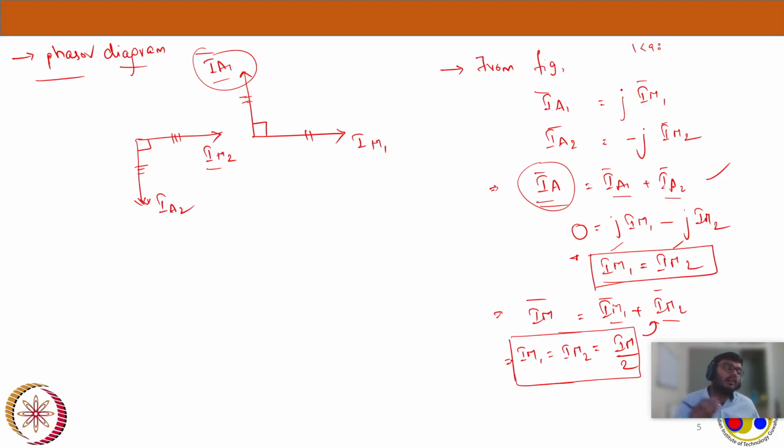So half of the current will flow in the positive sequence, and half in the negative sequence. Now, I will first consider the positive sequence and see what will happen, and then I will consider the negative sequence and see what will happen.